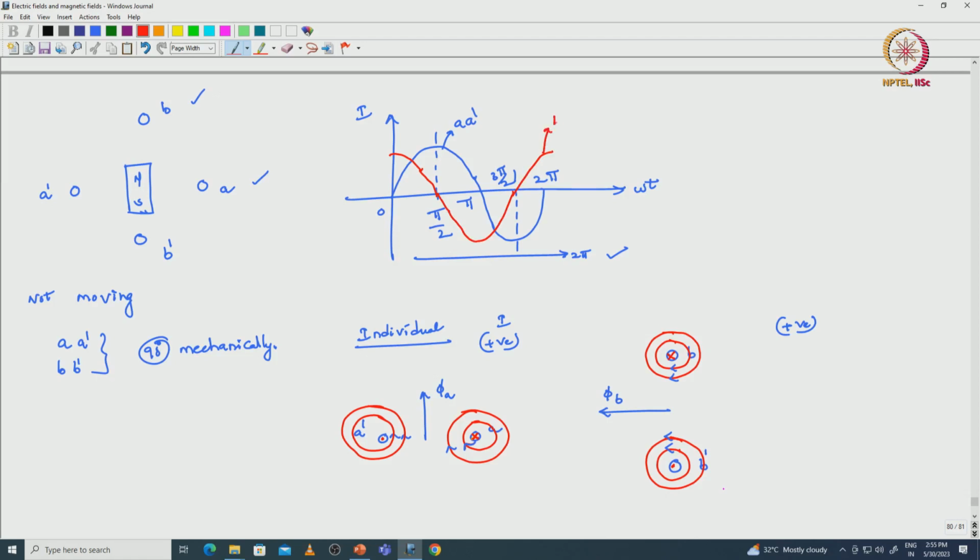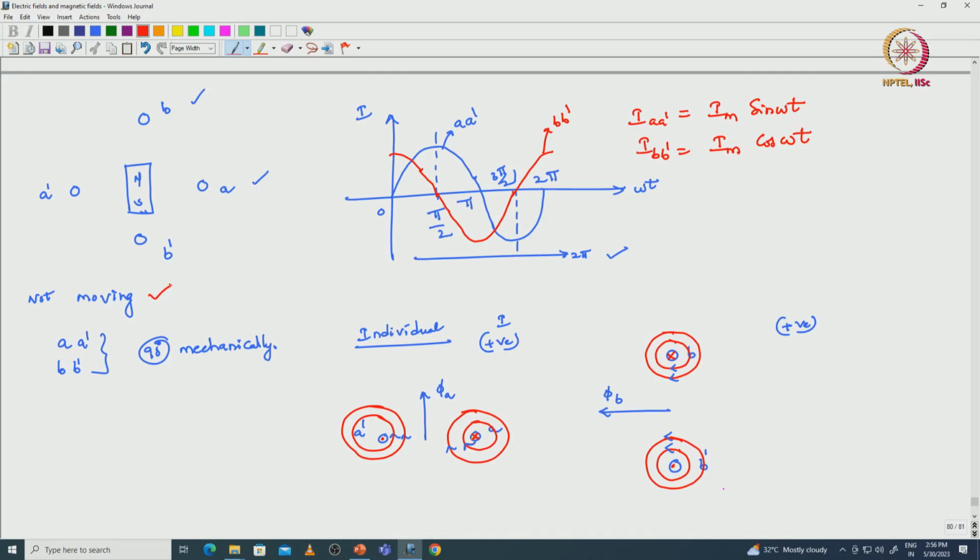So this is the B dash current. Here I A dash is I m sin omega t and I B dash is I m cos omega t.